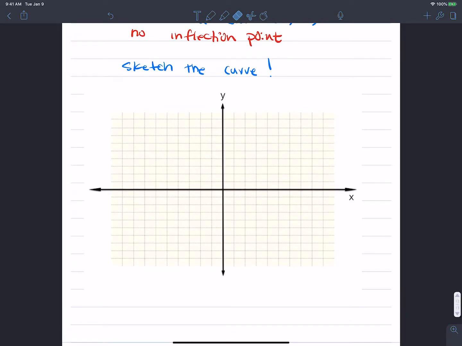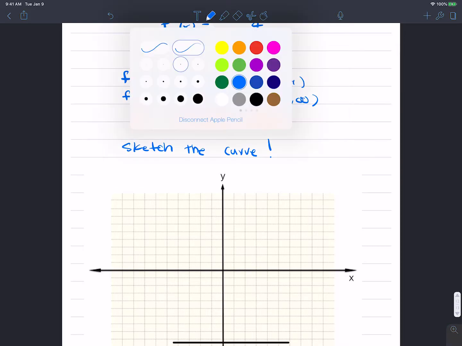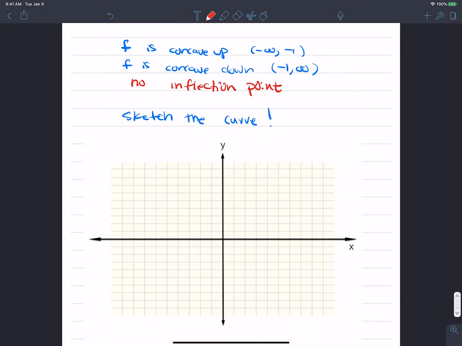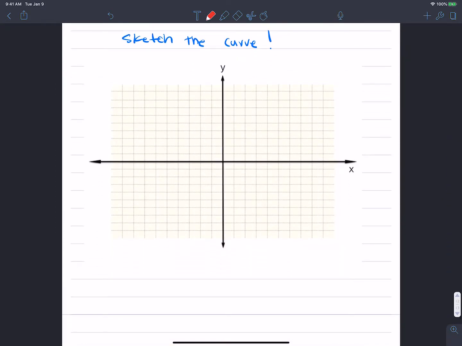All right, so let's try to sketch these curves. Now, my domain is everything but -1, I believe. Is that right? So at -1, what do you guys know you have again? Is it -1 or +1? -1. You have a vertical asymptote. So I'm going to sketch this here for you guys. This is where x equals -1.